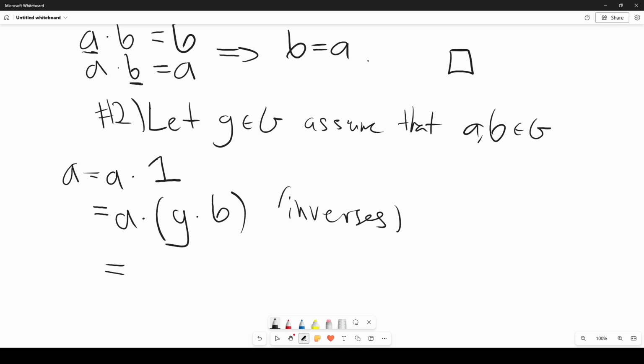But then by the associativity law, I can actually move around these parentheses and switch this to A times G times B. So this was associativity.